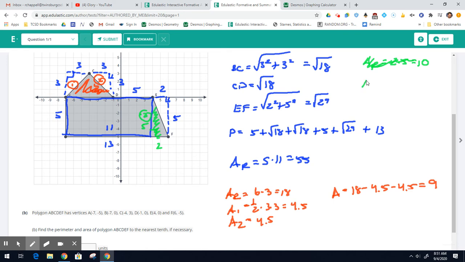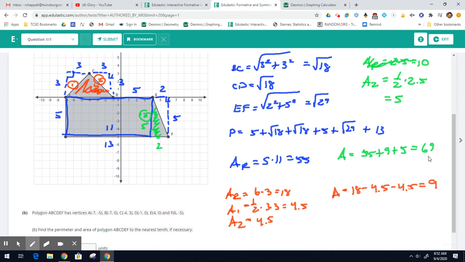So let's just find the area of that triangle straight away by doing 1/2 of 2 times 5. And half of 10 is 5. Does that make sense? Right, so I could have done the rectangle. The rectangle's area is 10, but that's exactly half of that rectangle. Okay. So here are my numbers to find my area. So to find my total area, it's 55 plus 9 plus 5. Well, I can do that in my head. That's 69. So I know the area is 69.